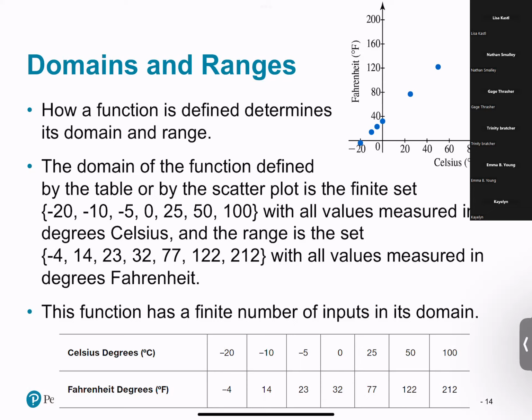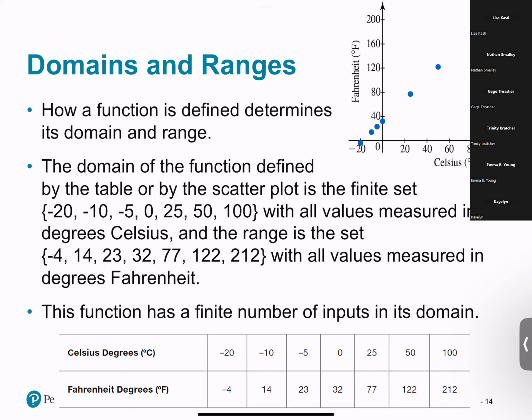But in our particular example, the domain includes those discrete values: negative 20, negative 10, negative 5. Those are our inputs, our degrees in Celsius. Our outputs, our range, are going to be that set of numbers in Fahrenheit, -4, 14, etc.